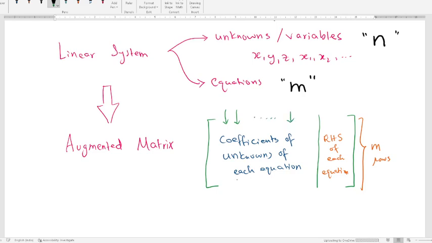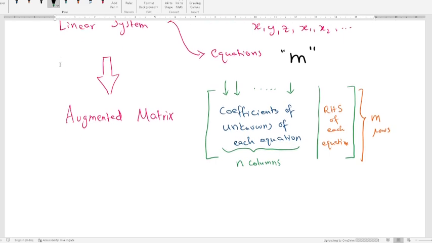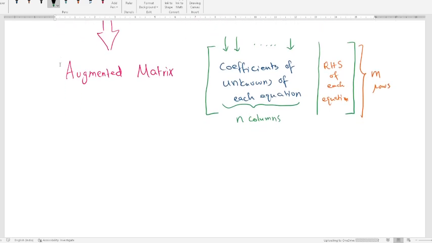The last variable will be for the last column, correct? And in total, there will be n columns on the left hand side. So the augmented matrix has m rows and n plus 1 columns. Each of these n plus 1 columns represents each of the unknowns and the RHS as well.